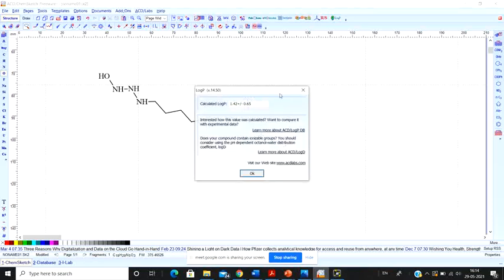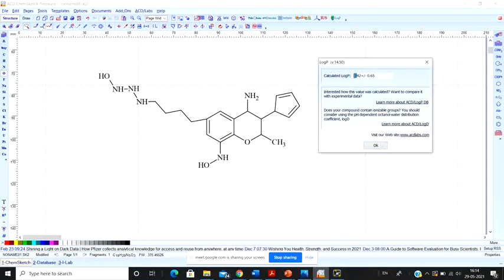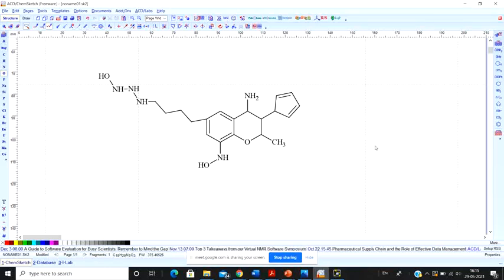Now let me check the log P value. The log P value is now 1.42. See, obviously if you add more nitrogen, hydrogen, oxygen, more NH groups, it is much more solubilized in water.